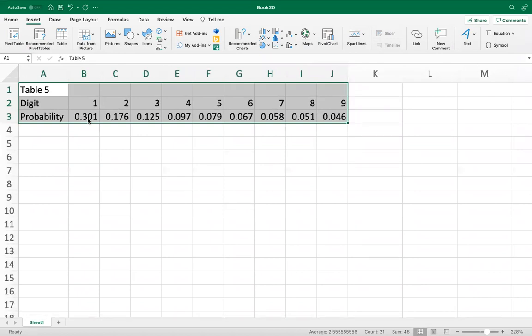So remember the two conditions that we need to satisfy in order for this to be a probability model. The first: all the probabilities have to be between 0 and 1. So what we'll do is find numbers that are less than 0 and numbers that are greater than 1.